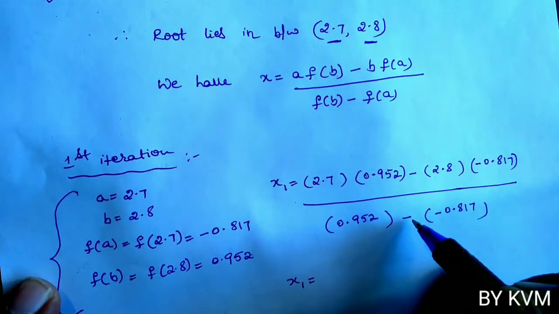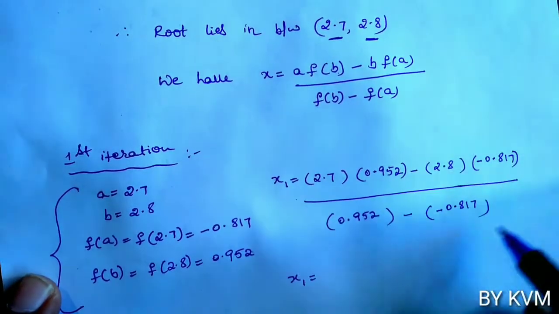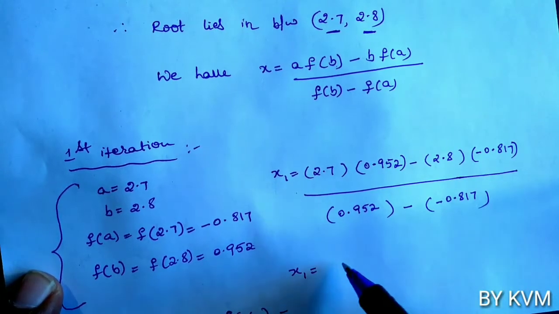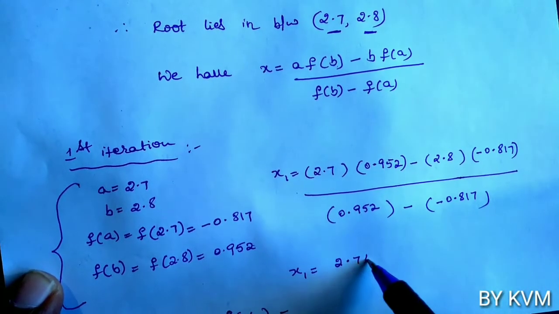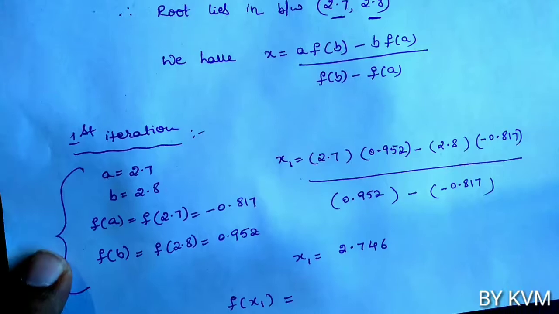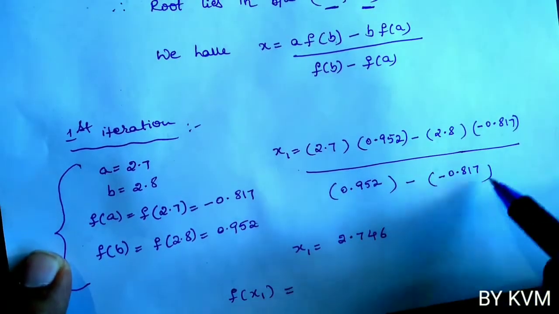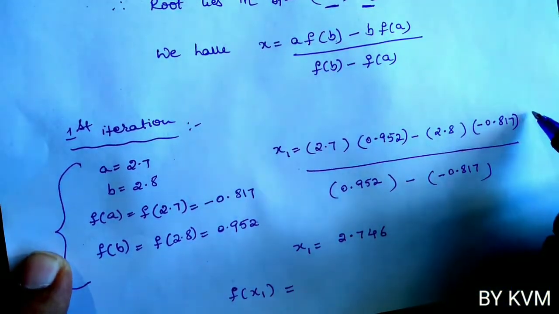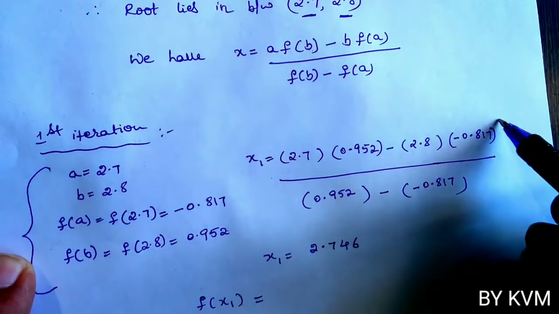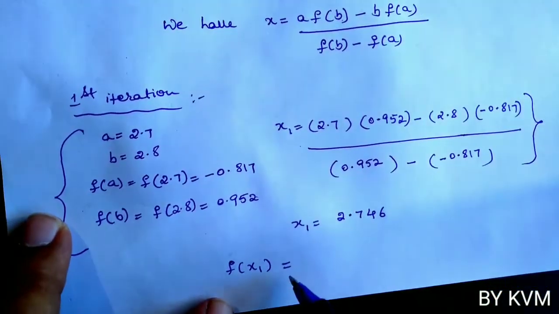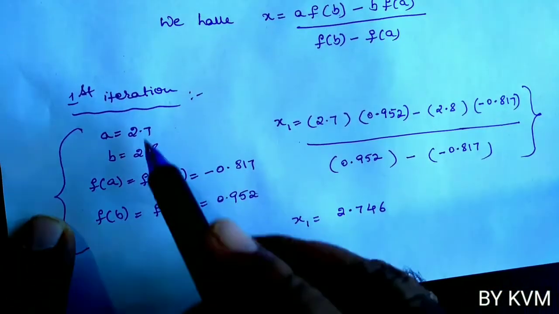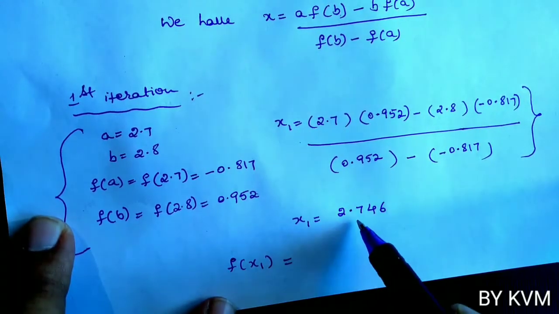So minus into minus becomes plus. Use the calculator, so x1 is 2.746. You have to use the brackets wherever necessary while typing this equation. So now in the first iteration the root is 2.746.